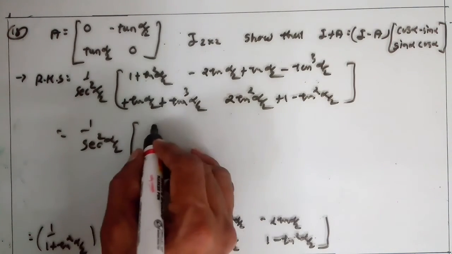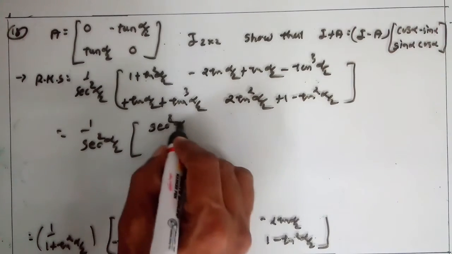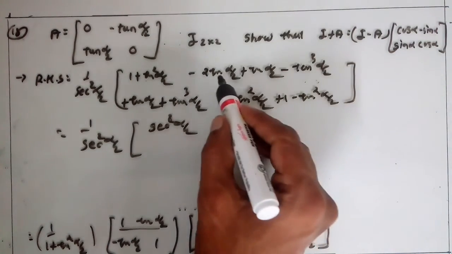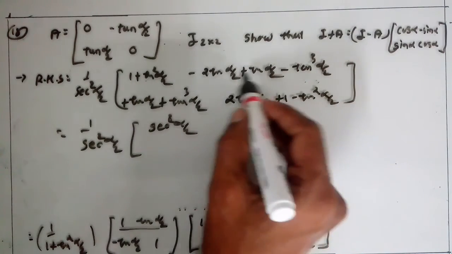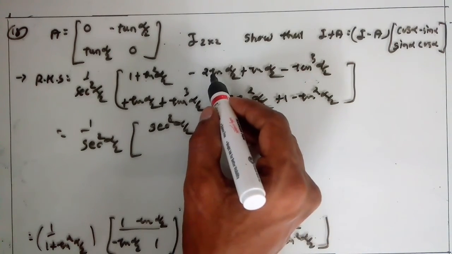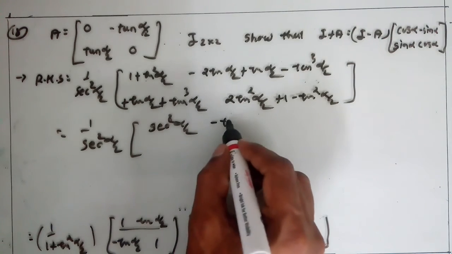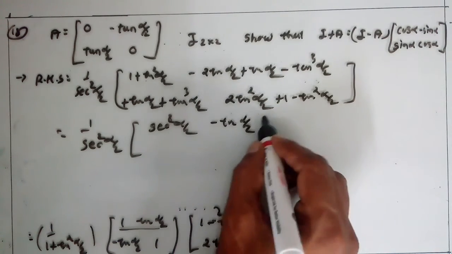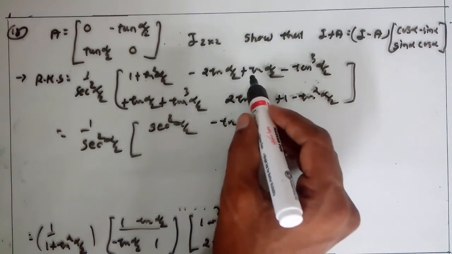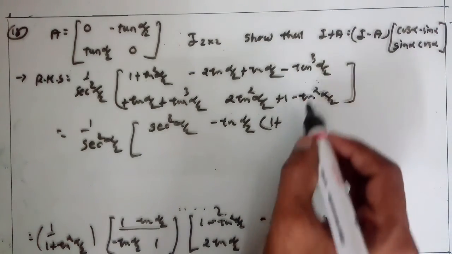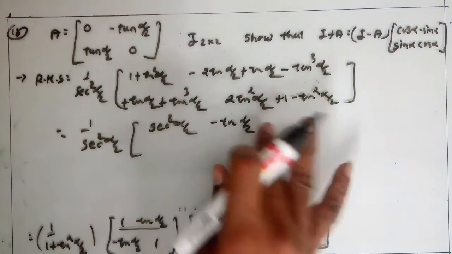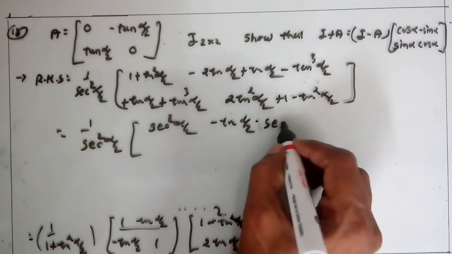Here 1 plus tan square becomes sec square alpha by 2, minus 2 tan alpha by 2 plus tan square alpha by 2 becomes minus tan alpha by 2. Taking minus tan alpha by 2 common, in the bracket the remaining terms become 1 plus tan square alpha by 2, and this becomes sec square alpha by 2.